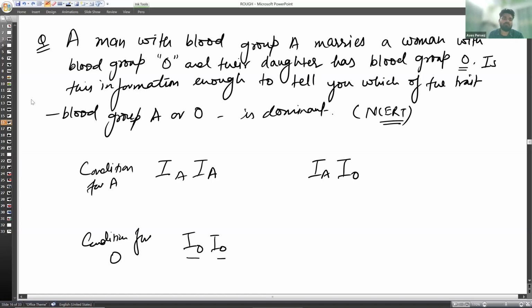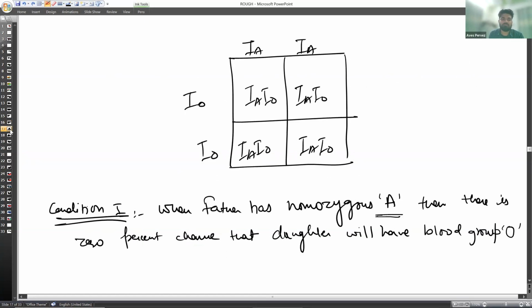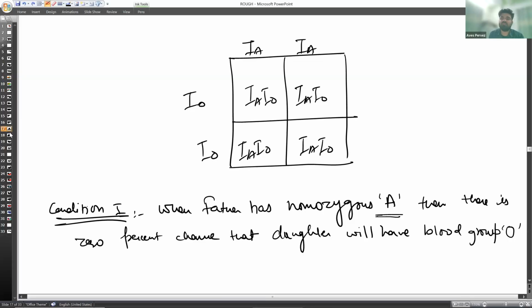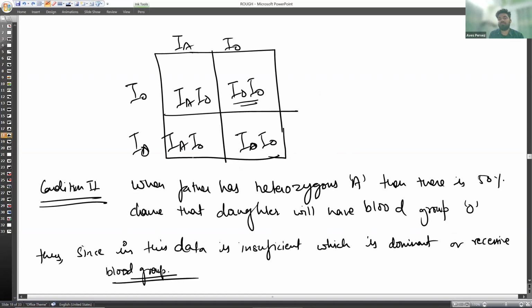This is an important question from NCERT blood groups. Take this one also. The answers to these questions are also provided in the handwritten notes that we have sent you, which you can check in the group.